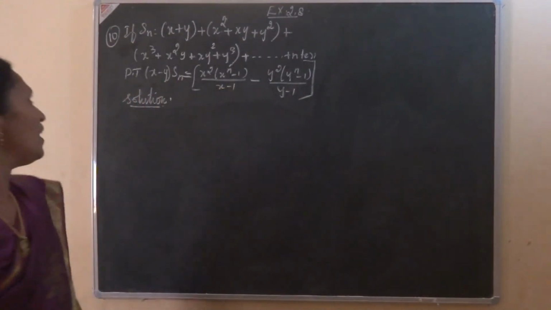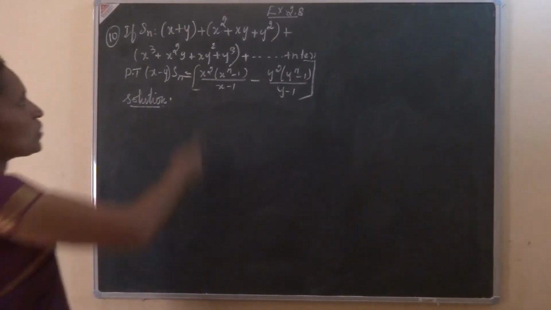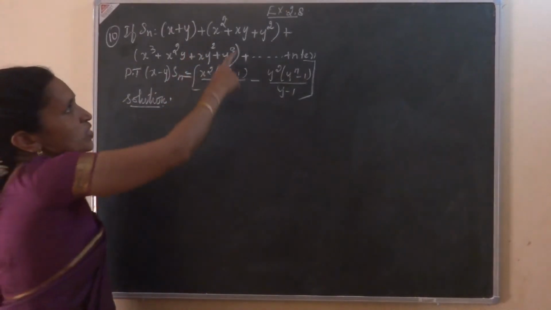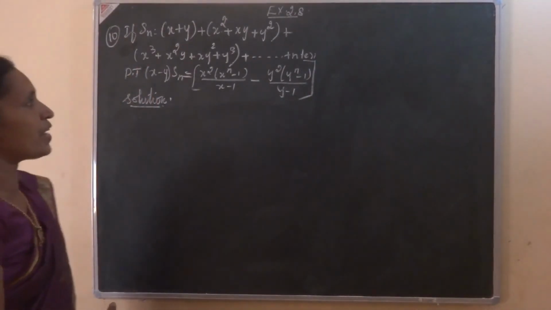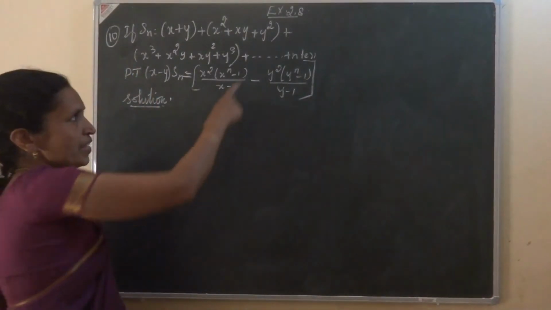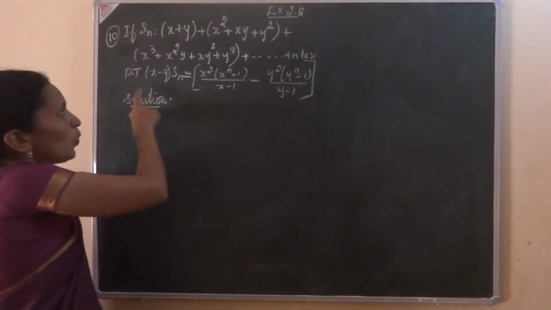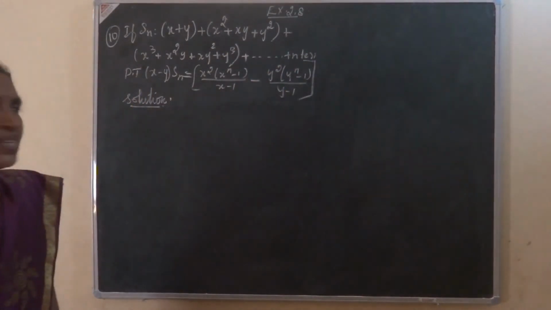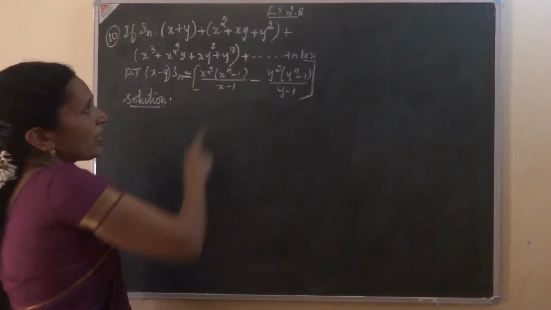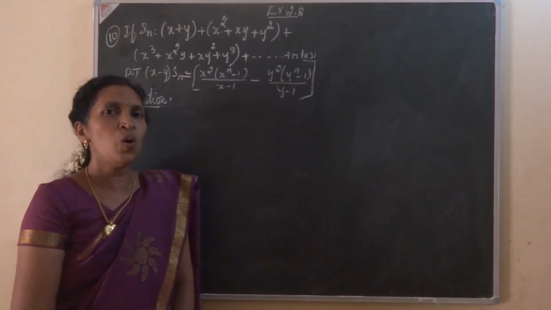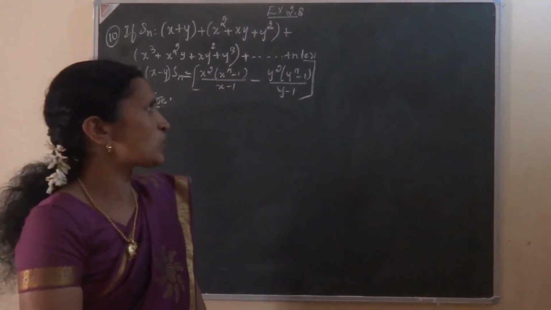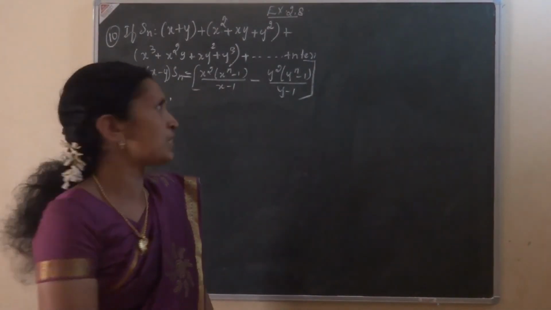Now exercise 2.8, 10th question. Read the question. If Sn equal to x plus y plus x square plus xy plus y square plus x cube plus x square y plus xy square plus y cube plus etc. plus n terms, prove that x minus y into Sn equal to x square into x power n minus 1 divided by x minus 1 minus y square into y power n minus 1 divided by y minus 1. This is the question.